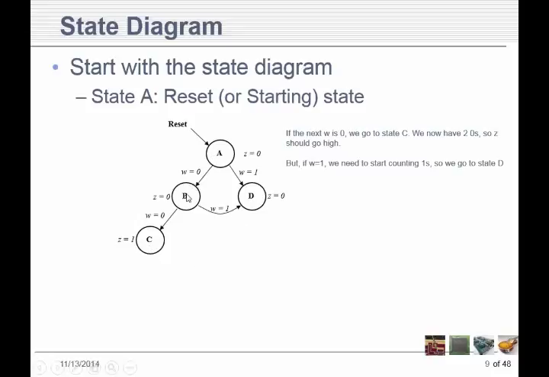But if it was low and then it went high, well, I wasn't in state C. I was over here. So you can think of state D as being that state that says W's been 1 one time. State B is when W has been 0 one time. State C is when it's been 0 two times.